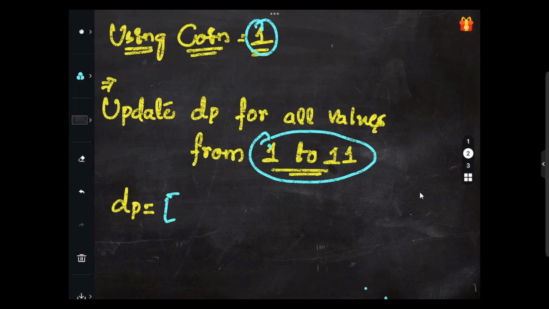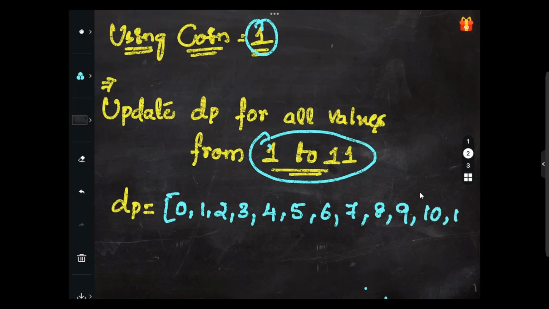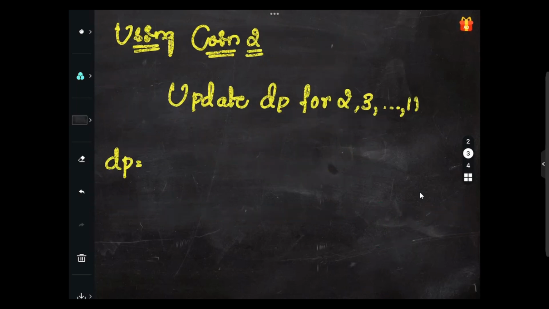This will be 0, 1, 2, 3, 4, 5, 6, 7, 8, 9, 10, 11. I hope this is clear. Now we have updated the dp for all the values from 0 to 11 as we are considering coin 1 here. This is simple, right? Next, let's go with the coin 2.